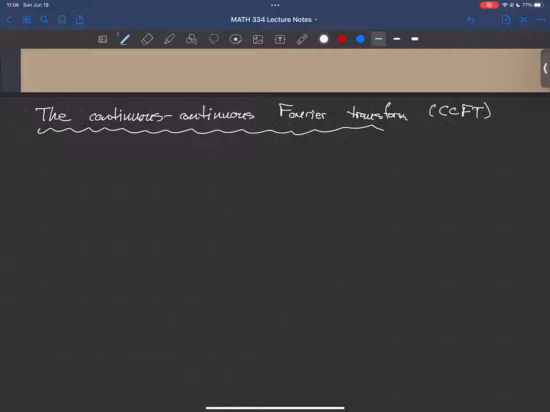And so when we first started talking about Fourier transforms a while back, by analogy to the CDFT, we talked about the CCFT. And so the formula for the CDFT, remember, was like so.